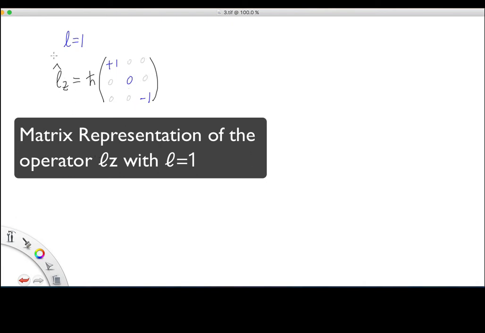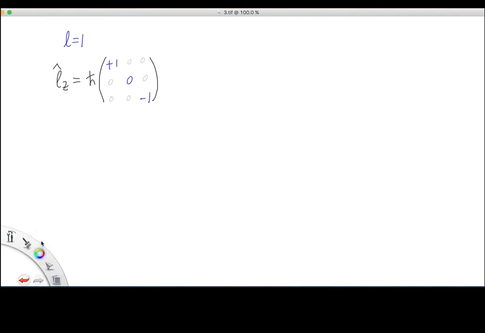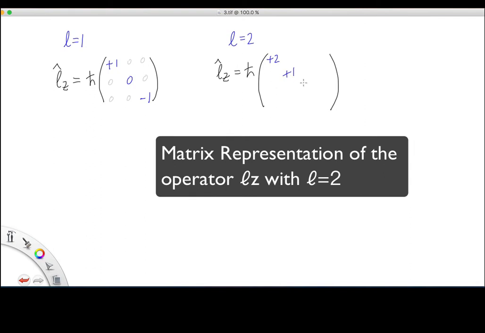And that's true for the matrix Lz, whichever angular momentum quantum number we choose. So if we have L is 2, then this time we have 5 states. But again, we have the ml values plus 2, plus 1, 0, minus 1, minus 2 on the diagonal, and zeros in all the other places.